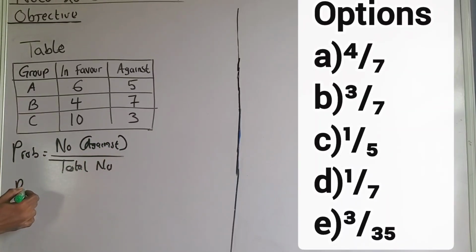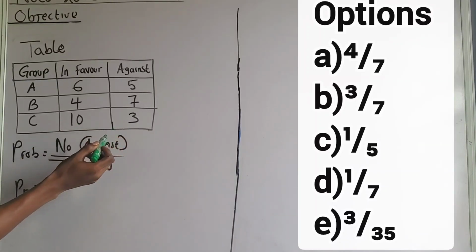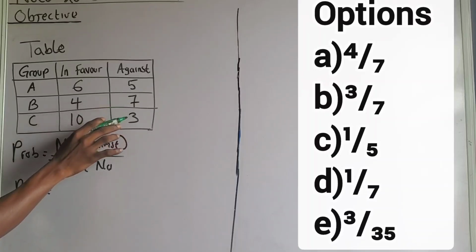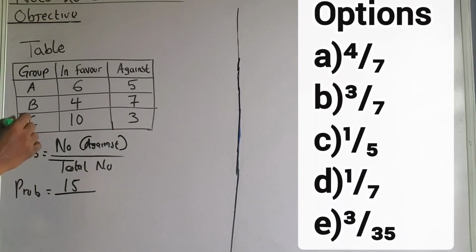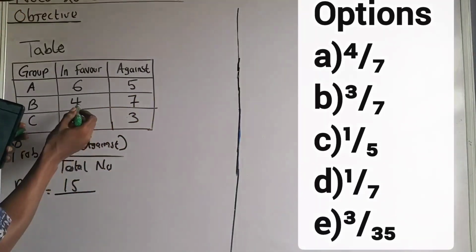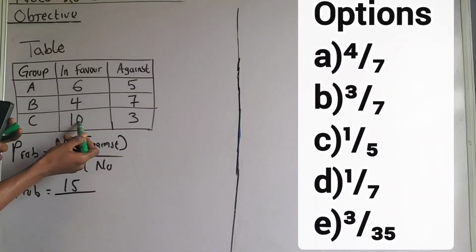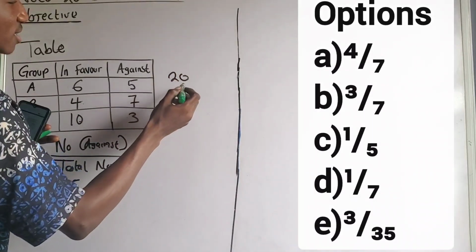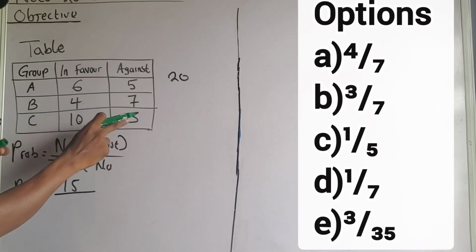So the probability will be equal to the number of students against the proposal. 5 plus 7 plus 3, that is 15. I'm going to have 15 all over the total number of students. That will be the sum of these numbers. 6 plus 4 is 10, 10 plus 10 is 20. 20 is in favor. For against, 5 plus 7 plus 3 is 15.